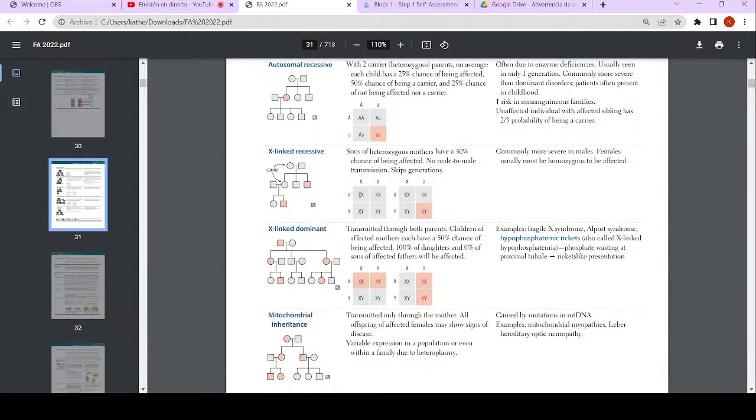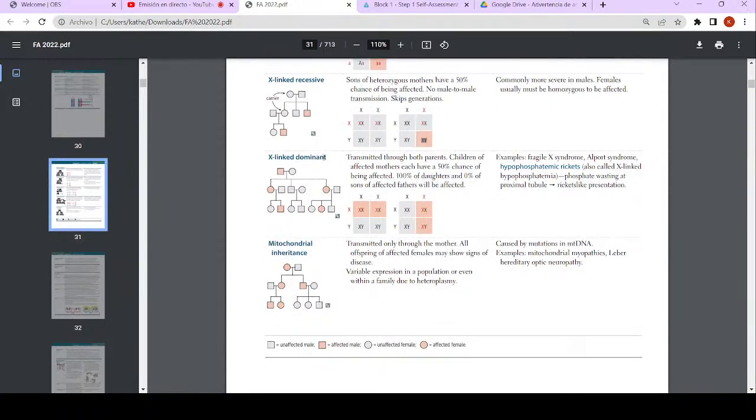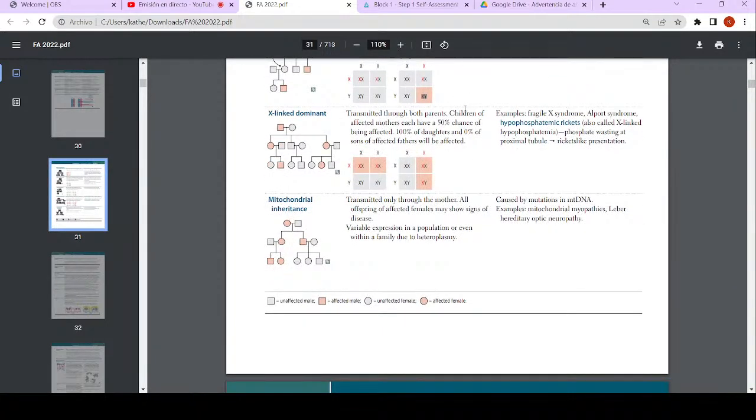If one of the X's is just a carrier, the kid that gets the damaged X will have the disease. Commonly more severe in males; females usually must be homozygous to be affected. X-linked dominant, transmitted through both parents, children of affected mothers each have a 50% chance of being affected.